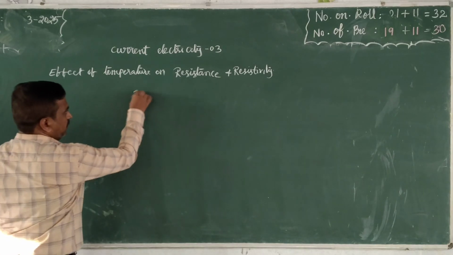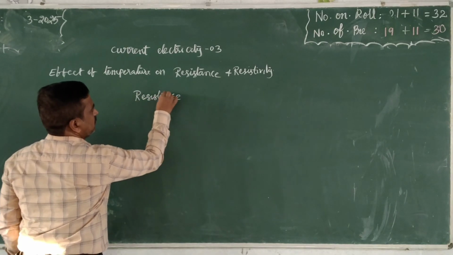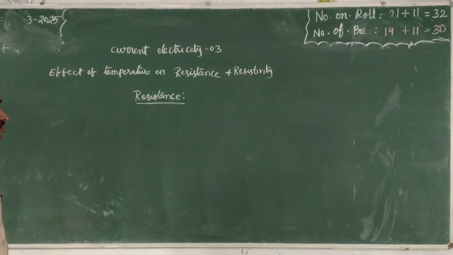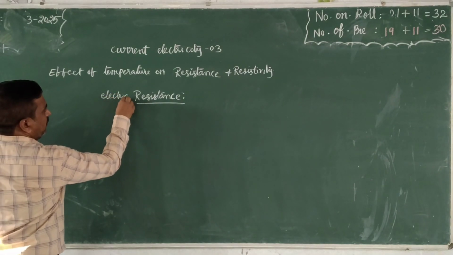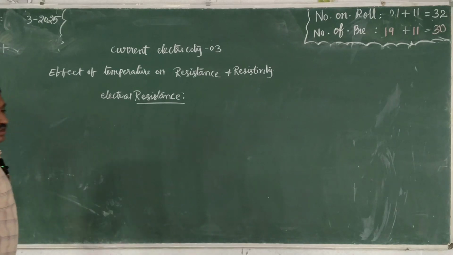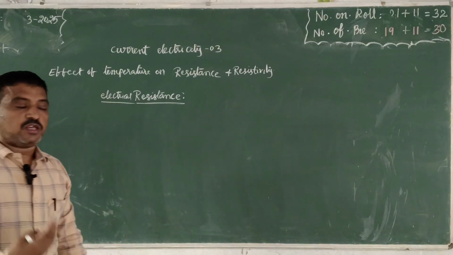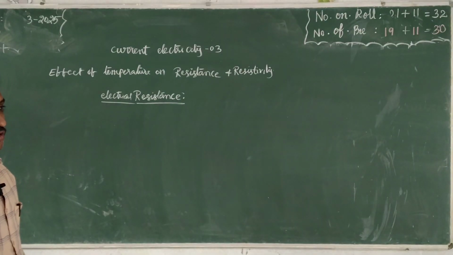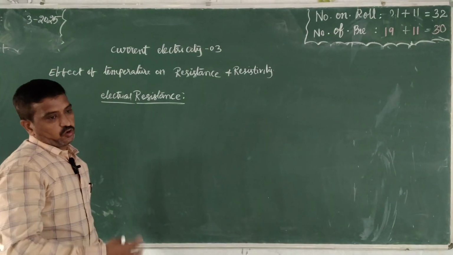See here, resistance. Resistance means it is the property of material. So we can write it as electrical resistance. Electrical resistance means it is the property of material which obstructs the flow of electric current by a conductor, or which obstructs the flow of electrons.